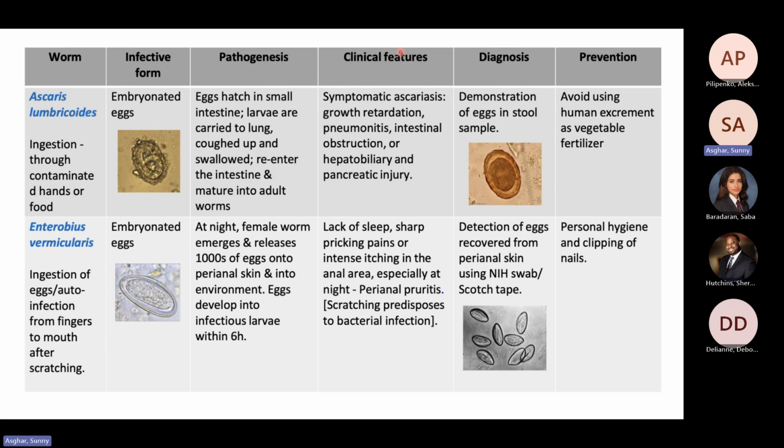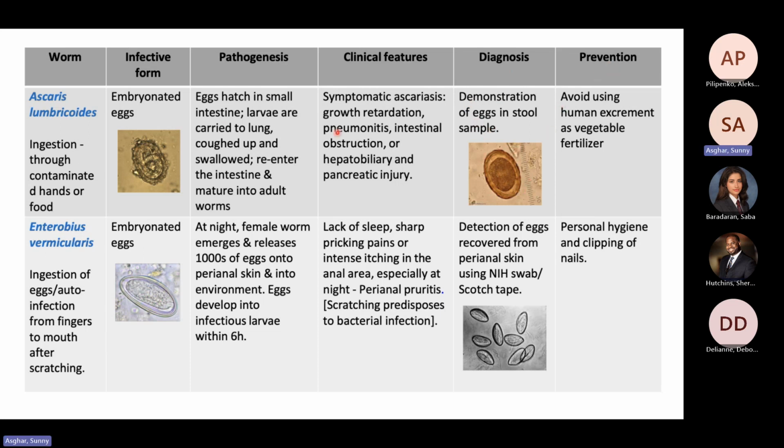As for the features, if it's a child, then they can have growth retardation, pneumonitis, destruction of their intestines, and they could have liver damage as well as pancreatic damage. Then we would diagnose it by getting a stool sample, and we would see these eggs.